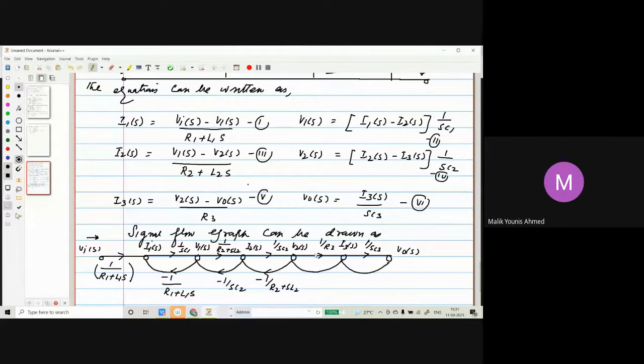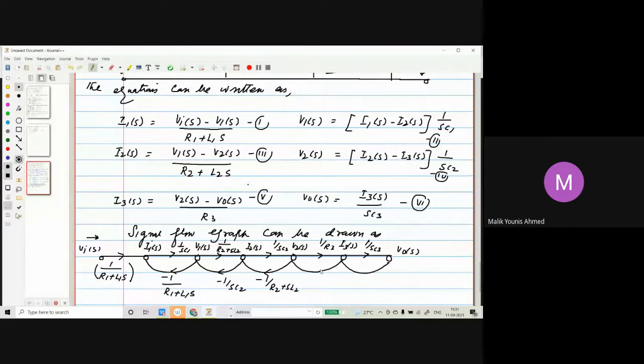Now coming to this V2. V2 is the multiplication of I2 by 1 by SC2. Again, V2 is minus I3 multiplied by 1 by SC3.